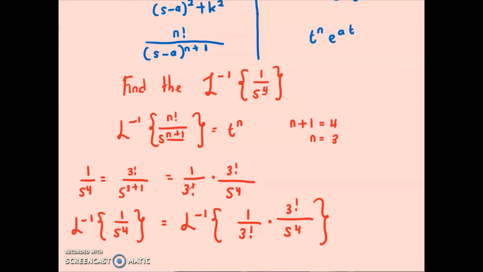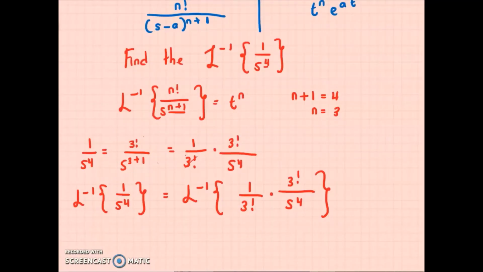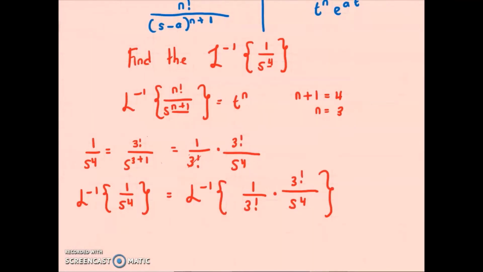Okay, 1 over 3 factorial, you can take it out. So 1 over 3 factorial is 6. So I have 1 over 6. Now the Laplace transform of t to the power n is n factorial over s to the power n plus 1. Now n is 3 here, so I can actually write it like this. Okay, now what is this?